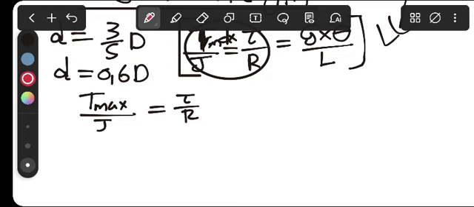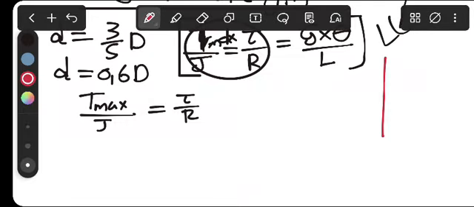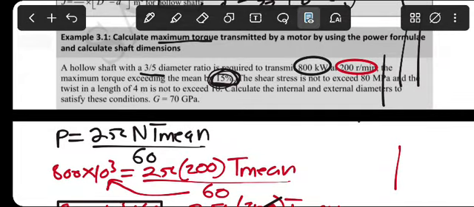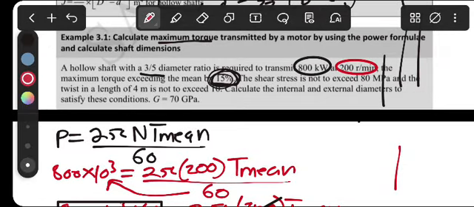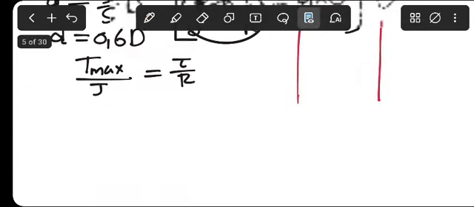Let me check, what do we have again? Now we have the stress. The shear stress, it's 80, that is nice. We have 8 over 80.